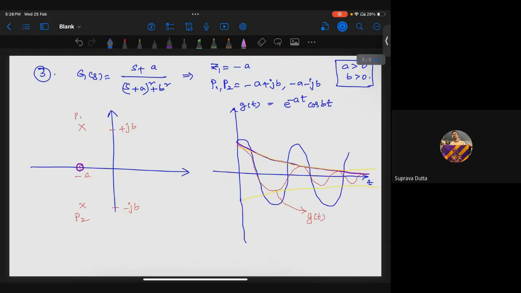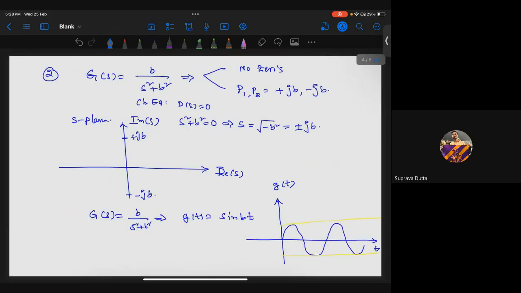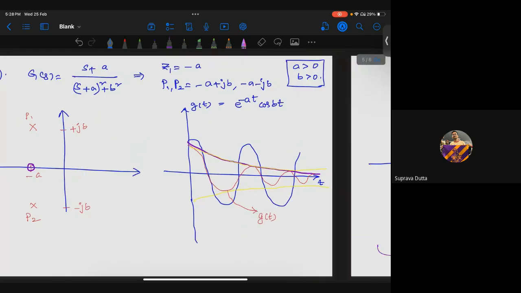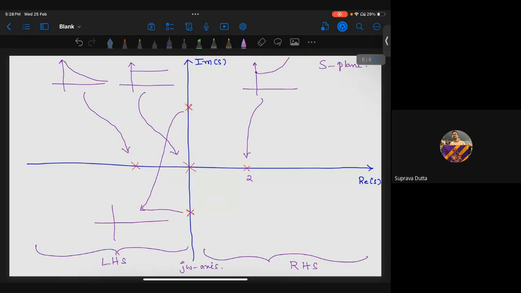Same thing we have seen already, correct? Yes or no? We have seen already. So how does that response look like? It looks like sinusoidal.